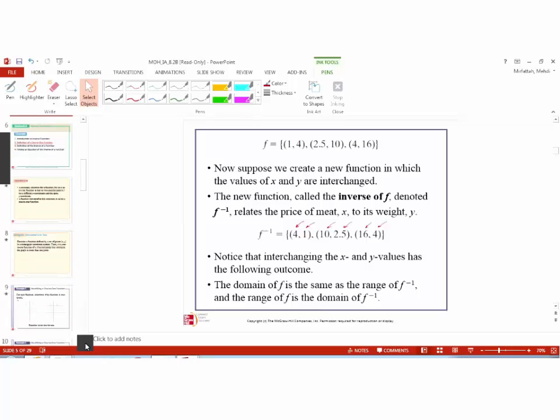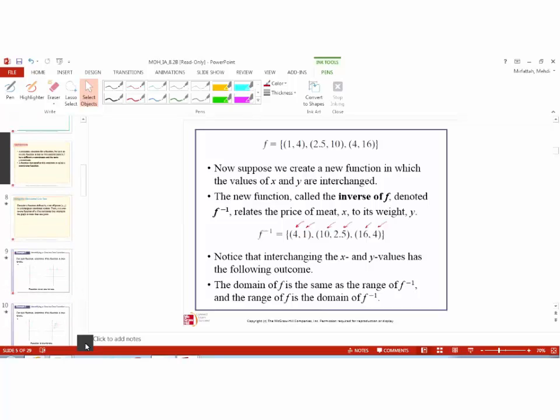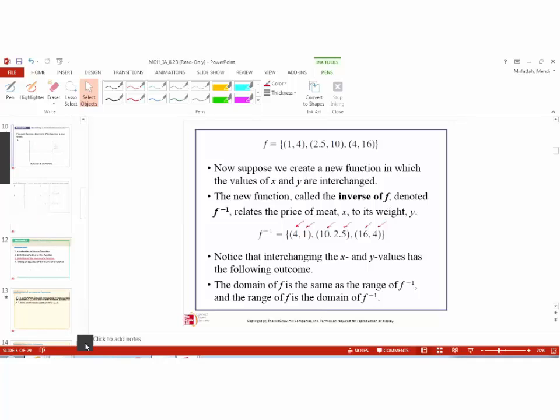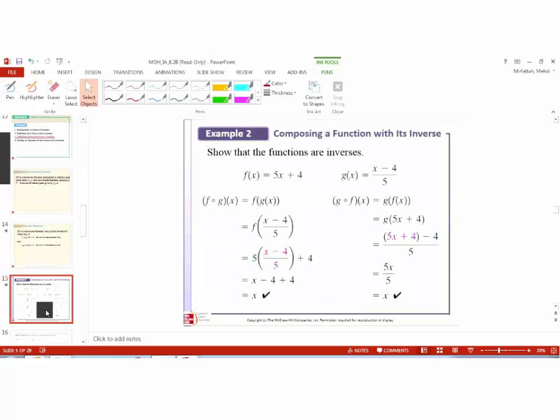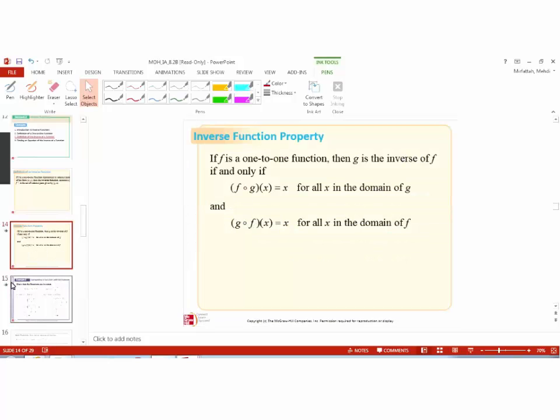So let's take a look at the example here. Now, if it is an inverse function, I'll show you one example of how to actually evaluate the inverse. In order to see if two functions are inverse of each other, this is the one property that you need to know.